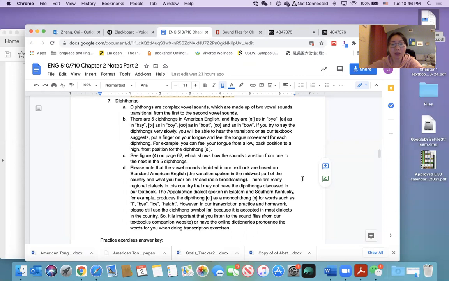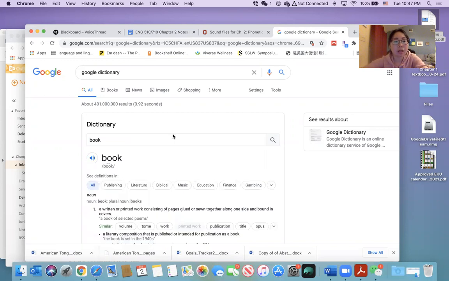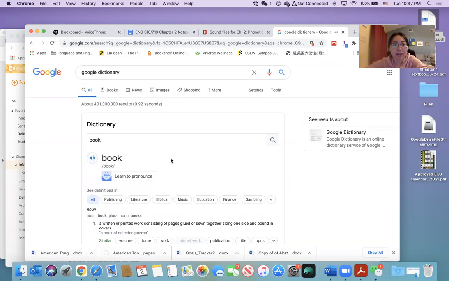Okay. For example, I want to show you an example of how the online dictionaries or maybe physical dictionaries use entirely different transcription systems. For example, I use Google Dictionary all the time. Let's try a word. Book. A simple word, book. You can have it pronounce it for you, but its transcription is not the same.